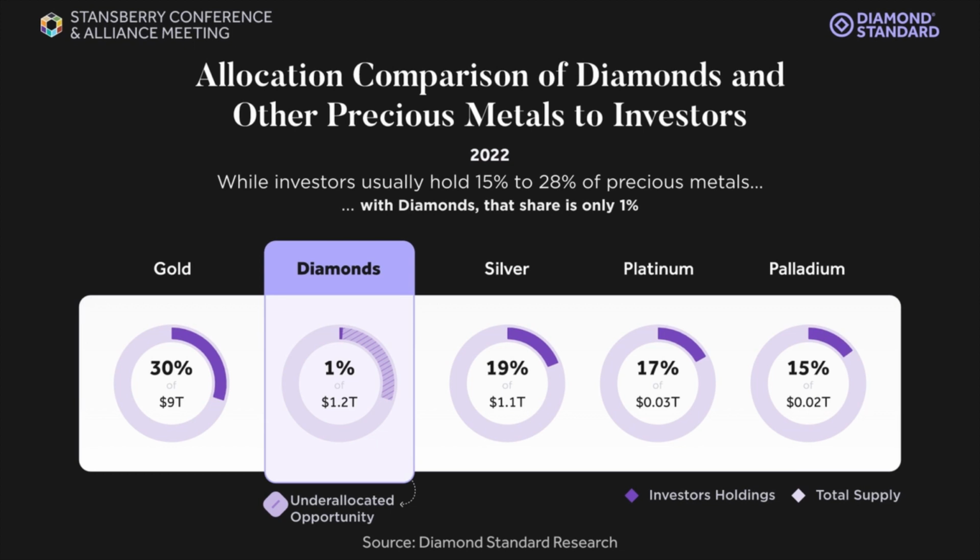All the gold in the world is worth $9 trillion, and 30% of all the world's gold is held by investors. By investors, I mean not jewelry, not electronics. It's gold bars in a vault. For silver, that number is 19%. For platinum, it's 17%, and for palladium, it's 15%. It's also 15% for rhodium, which we ran out of room for. But palladium, I point out as the lowest hurdle.